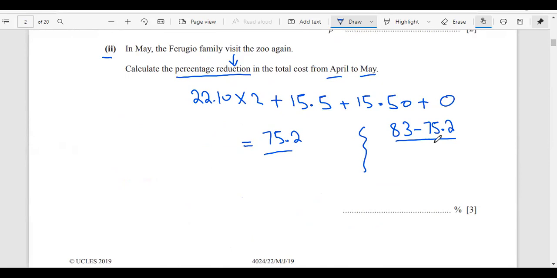And in the denominator, we are going to keep 83 multiplied by 100%. Okay. So this is going to be 9.39%.